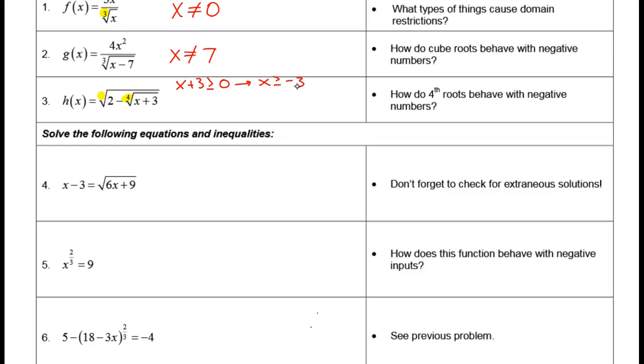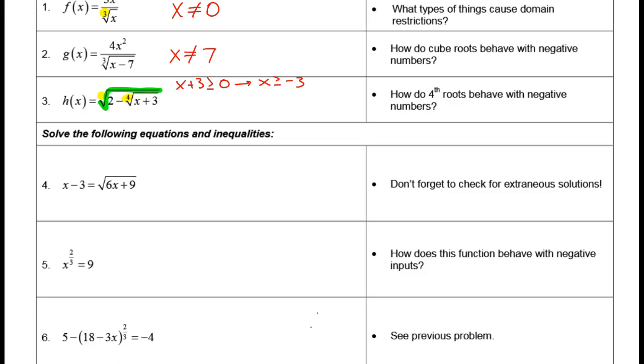Okay, so we got that, and now the next thing we have to do is look at the square root. So I have 2 minus this quantity, the fourth root of x plus 3. Well, let's see, the fourth root of x plus 3, I have to make sure that thing doesn't cause this root to be negative.